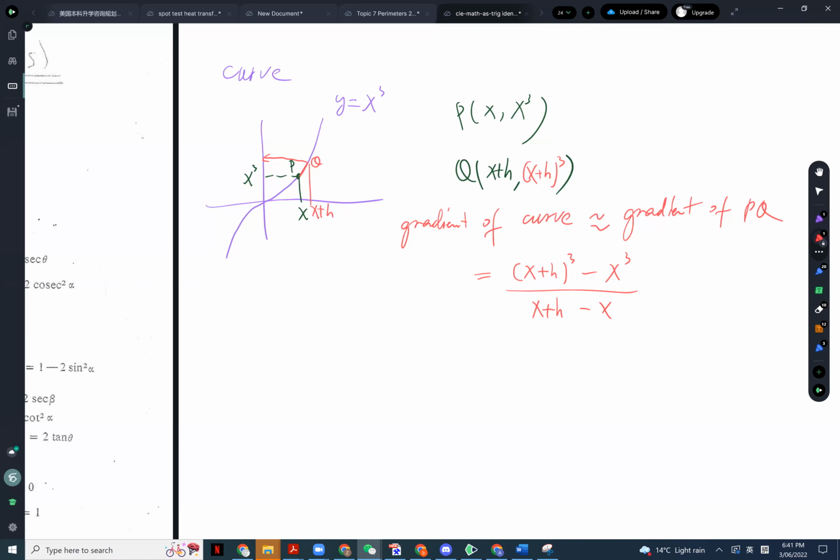Simplify. We have two ways: you can either expand or factorize. Yes, h is very tiny, so x plus h is just a little bit bigger or less than x, because h could be negative. If you expand it, of course you can memorize this formula.